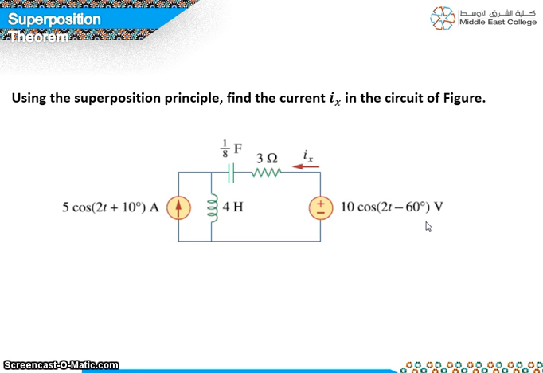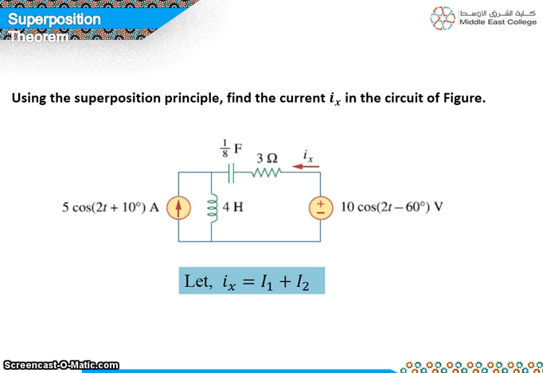This conversion we call changing them into the frequency domain. We do this change for analysis purposes. Actually they are as they are, but to find the current we have to convert them into ohm values and the sources into polar form. So let us see how to convert that.